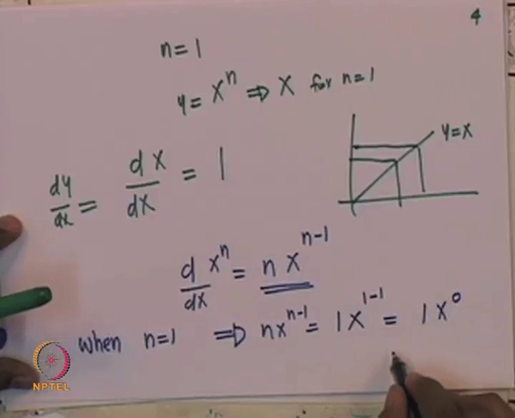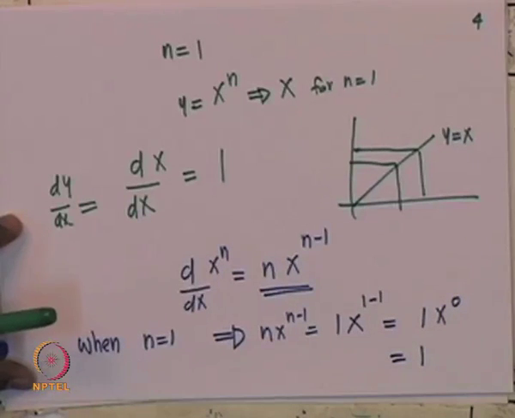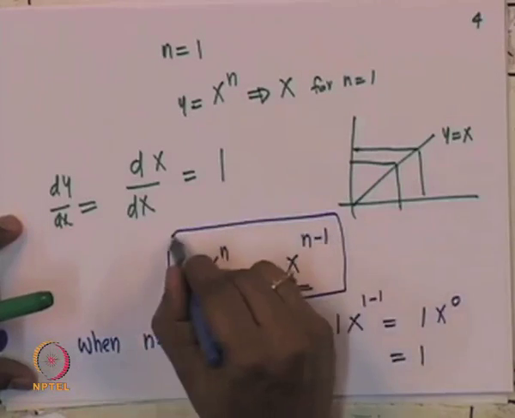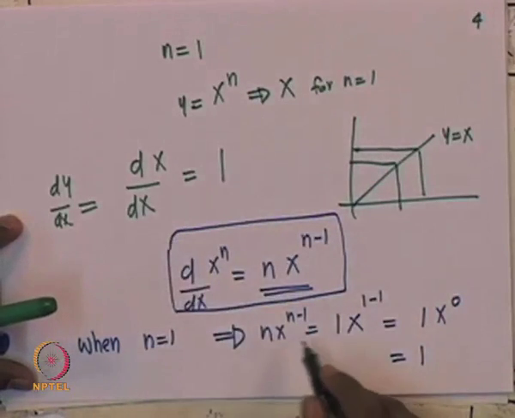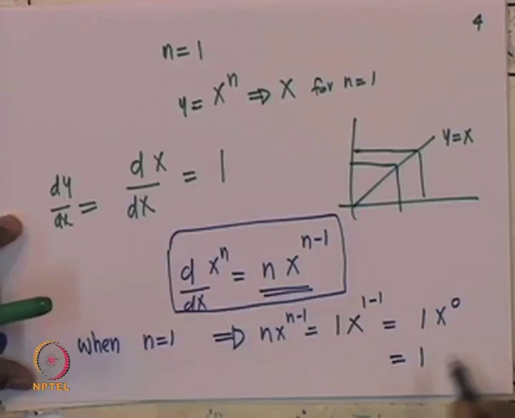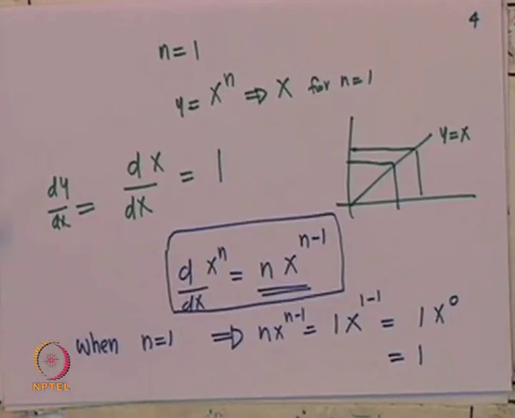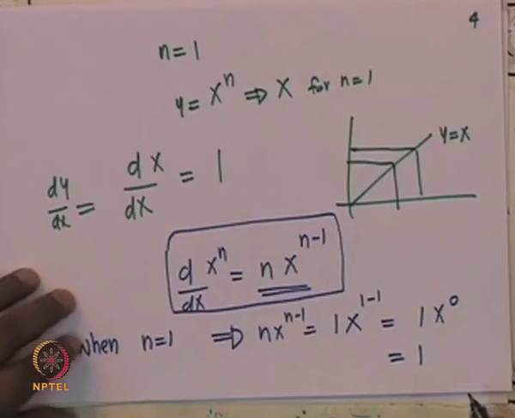X power 0 is 1, so this is just 1. So according to the rule we learned, the simplest function, y equal to x, has a derivative which is a constant.